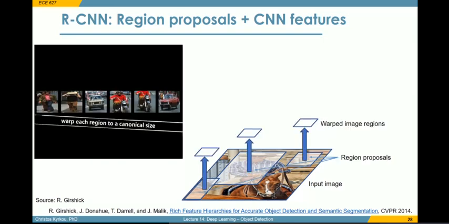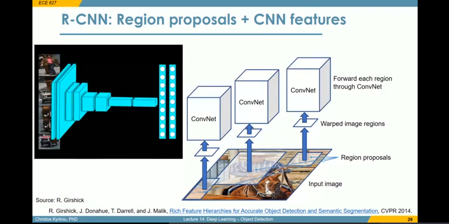So we warp them to a specific size, and then we feed each of these proposals through a convolutional neural network, and we get the output of the network, the final dense layer, which produces a vector. We get that vector, which corresponds to the features of each of the regions, and we classify that through a support vector machine.